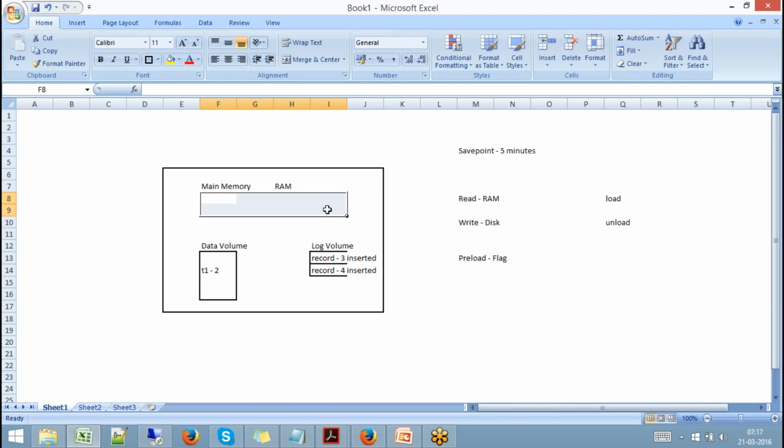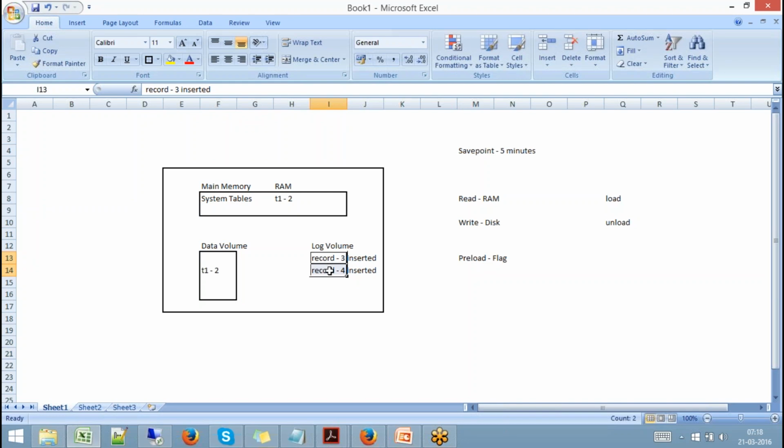So when you get power again, you switch the server back on. What does it do? It loads all the system tables. And it will also load the columns or tables if you have enabled the preload flag. Let's say it loads this table T1 with 2 records. And it will re-execute the logs that are in the log volume.